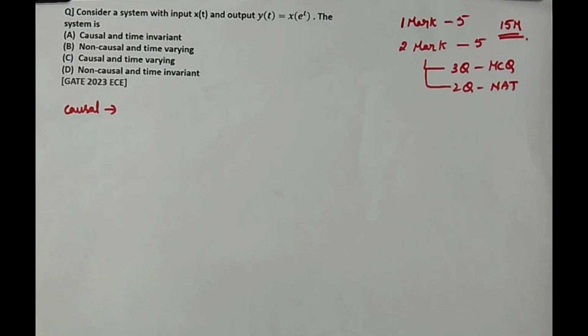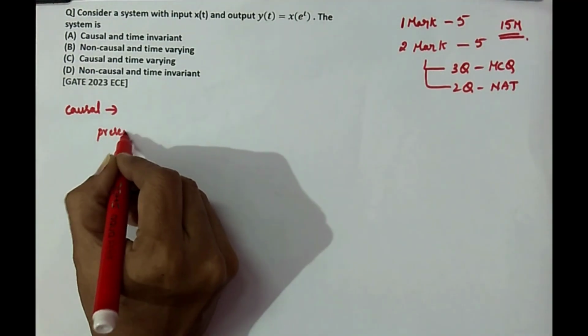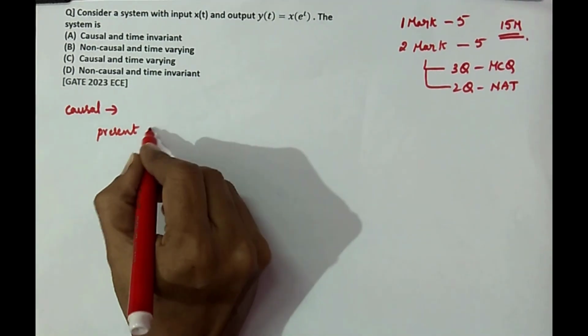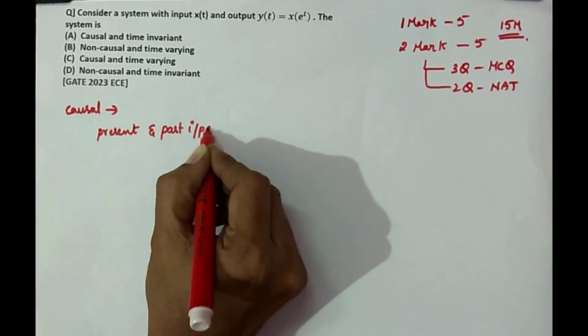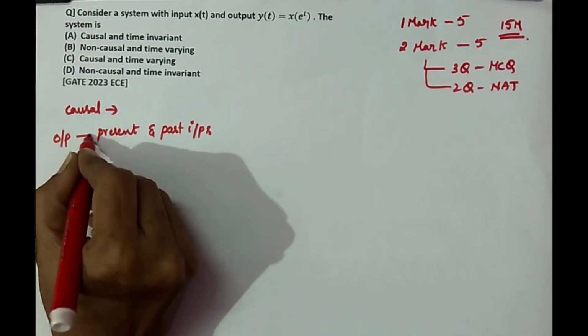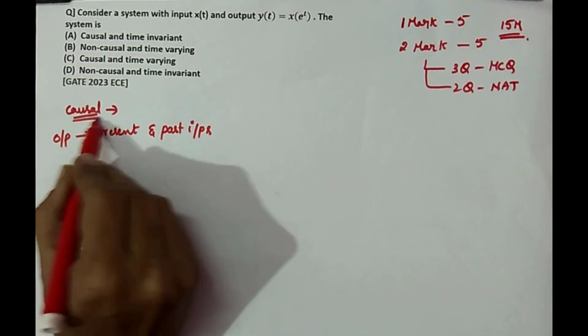A causal system is one for which the output at any time t depends on the present and past inputs. That is called causal system.